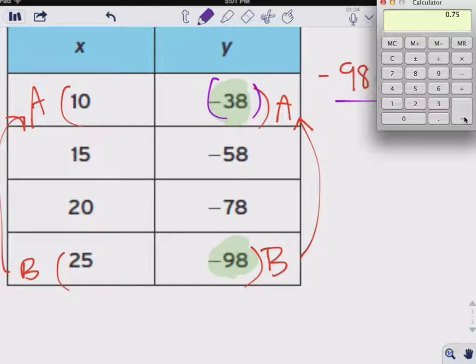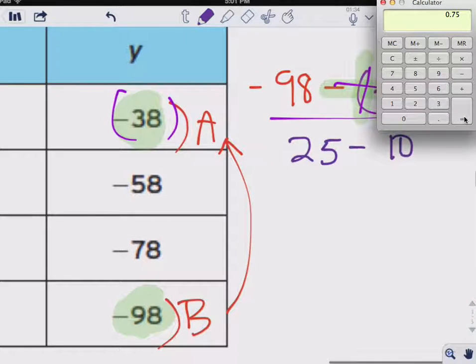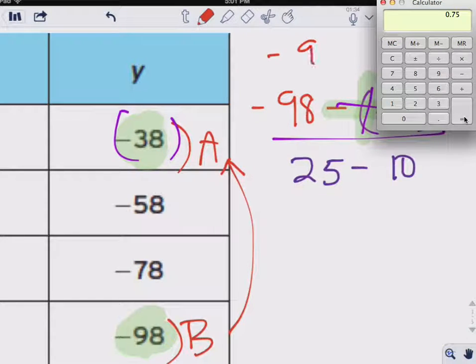And B to A is 25 to 10. Alrighty. You would actually end up subtracting these, because this is basically -98 add 38, which you end up subtracting, which leaves you 60 over negative, because the bigger number is negative, 15.